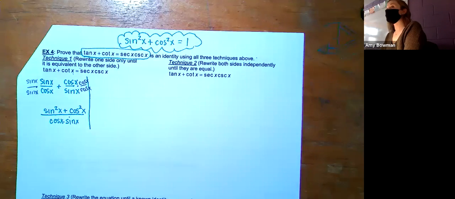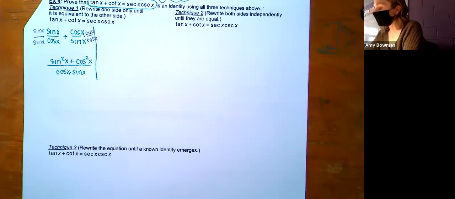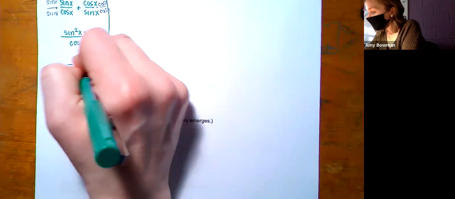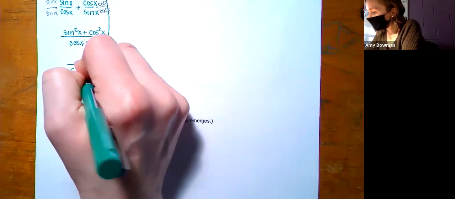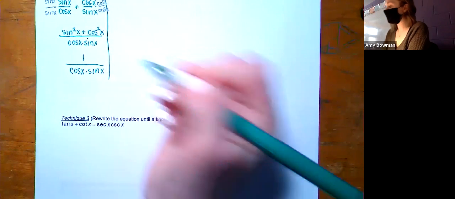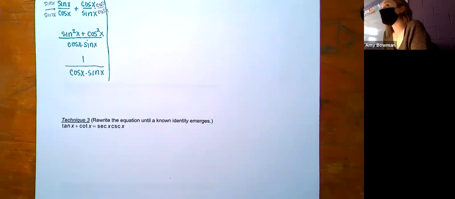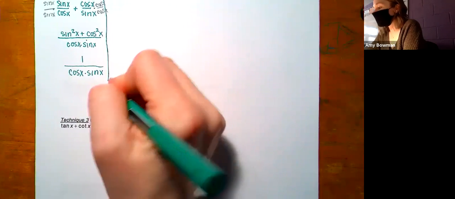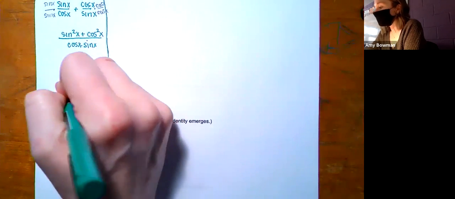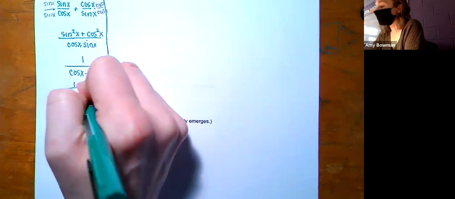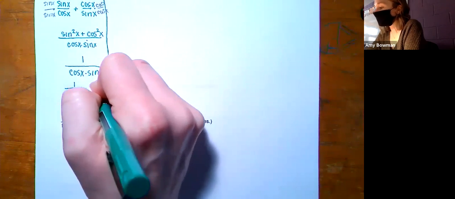The Pythagorean identity. So this is literally the same thing as 1 over cosine of x times sine of x. Could I split that into 2 fractions? Like 1 over cosine of x times 1 over sine of x? You hate me or you love me? I absolutely love it.